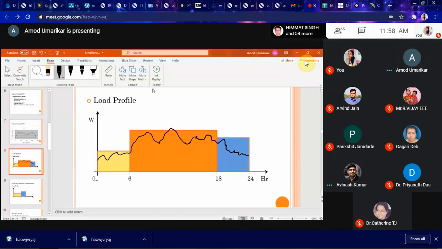But right now, for calculations, I am doing a simple assumption that this load profile is plain. I'm not taking a complicated example. Is it okay? Yes, sir. I understand that we have to take peak load, we have to take everything into account. But we have now simplified like this.